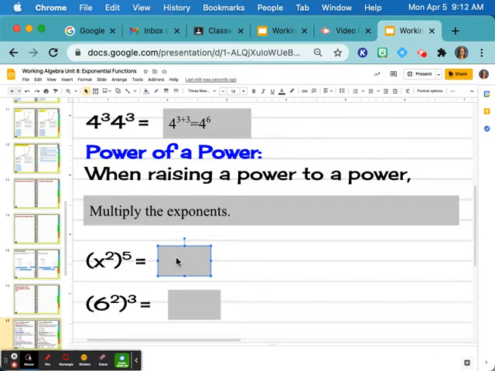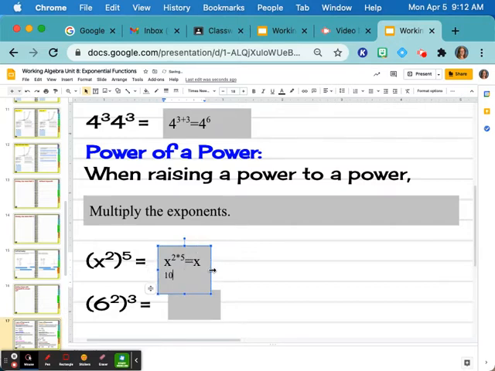Because that exponent means repeated multiplication. So it's x squared times x squared times x squared times x squared times x squared, all 5 times. So that's why we multiply them. So this will be x to the 2 times 5, which equals x to the 10.